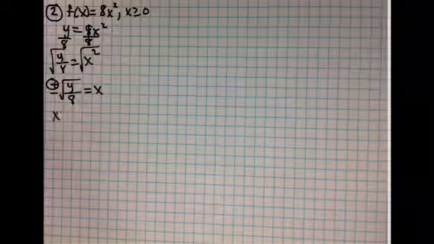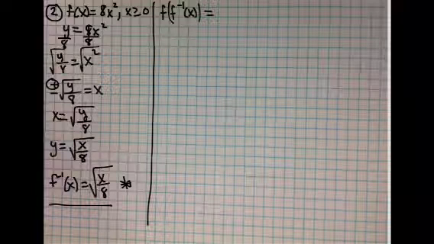Okay, so x equals the square root of y over 8, like this. And we switch the x and the y. And now I change the notation to f inverse. Okay, so now we're going to prove that we have the right inverse, that we got this answer right.